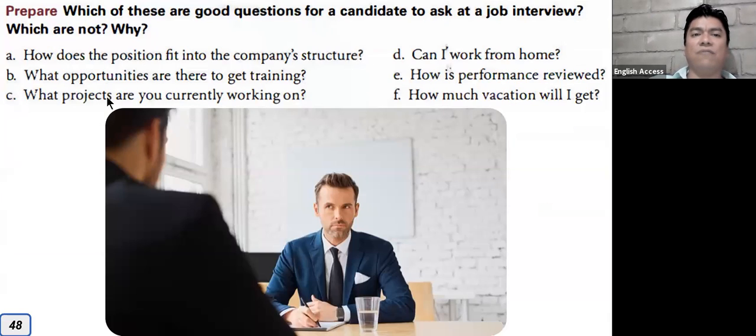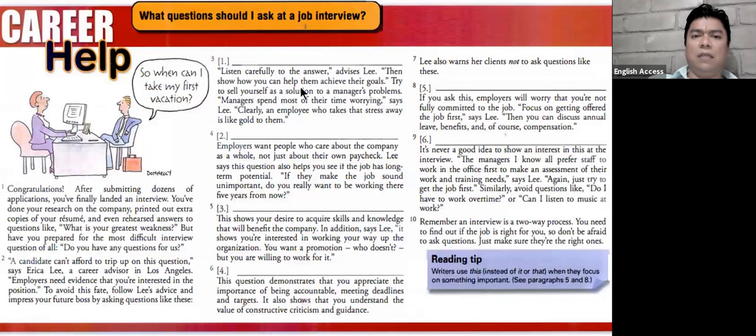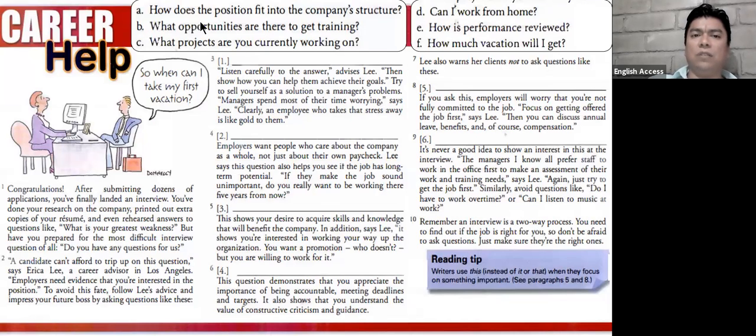Now, which of these questions fit in this article. You have 6 questions and you have 6 spaces. What you have to do is open your books.